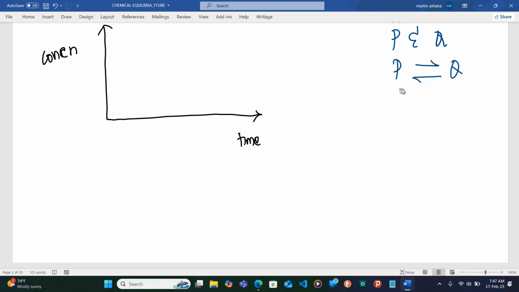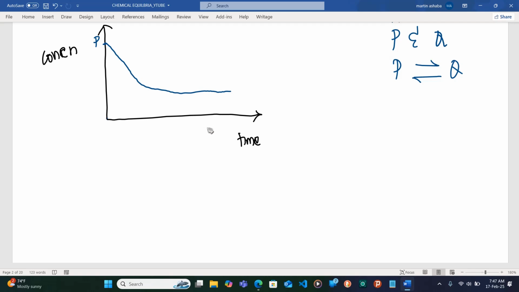And therefore, the reaction has no choice other than going in the forward direction. So we are going to have, first of all, Q increasing and P reducing. So this is going to be our P.